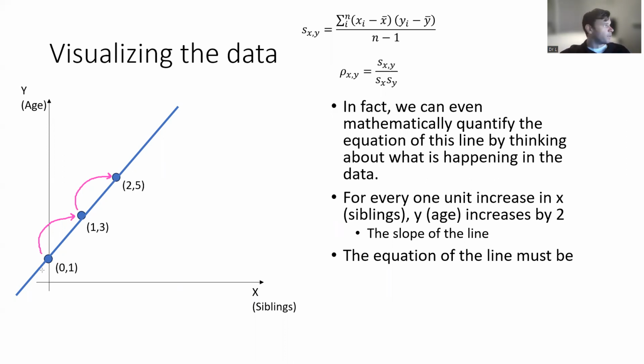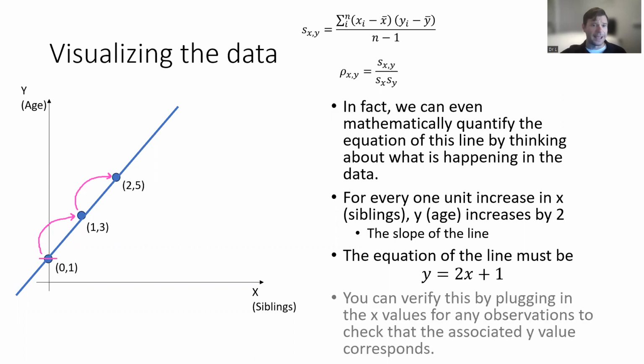And that actually measures very directly the slope of that blue line. You may also remember the equation of a line involves us measuring this vertical axis intercept, which has a value of 1 in the y equals mx plus b form. So the equation of that line itself, on which all of the data fall, is actually y equals 2x plus 1. And you can verify that if you plug in any number of siblings for x.